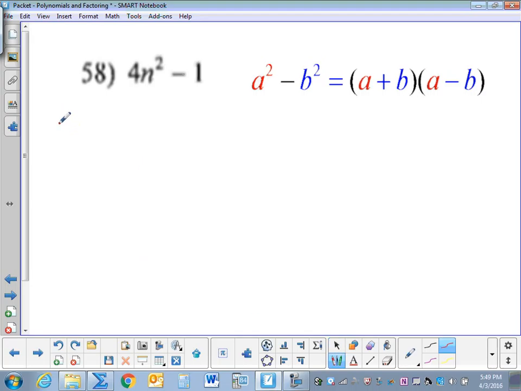Okay, so we just take the square root of each number, so 2n minus 1 and 2n plus 1.